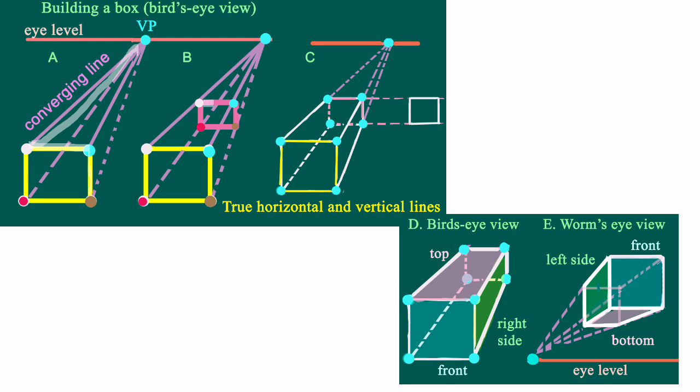Then draw the back part of the box so that the corresponding corners touch the same converging lines as the yellow square, so this left upper corner and this left upper corner are connected. The front and back are in actuality the same size since they lie within the same converging lines. Finish the box by solidifying the converging lines between the front and the back.